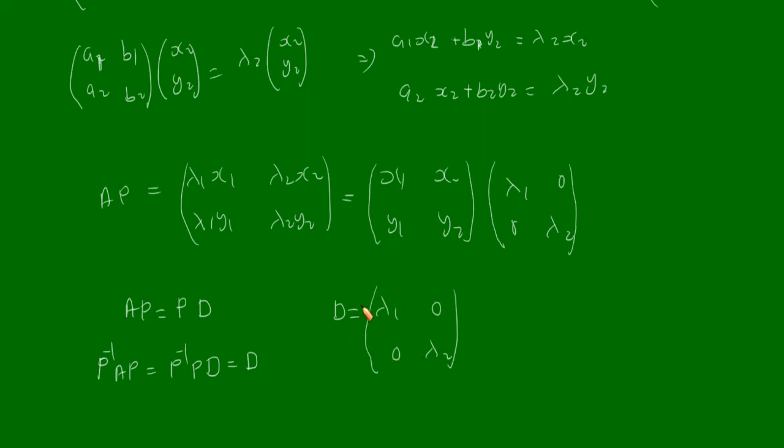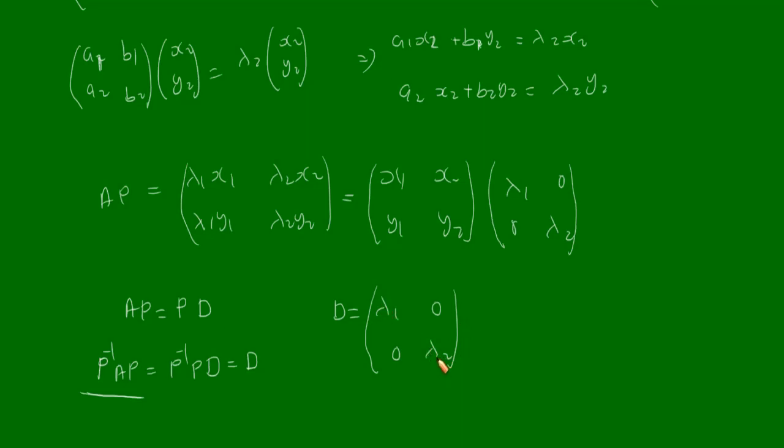So in order to diagonalize a matrix, we have to apply this similarity transformation with the matrix P. That means we pre-multiply with P inverse and post-multiply with P. Then we will get the diagonal matrix. In the diagonal matrix, the diagonal elements lambda 1 and lambda 2 are the eigenvalues.